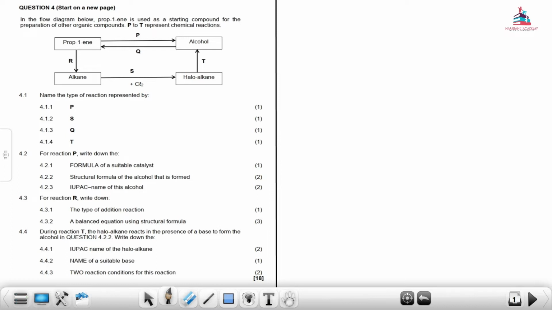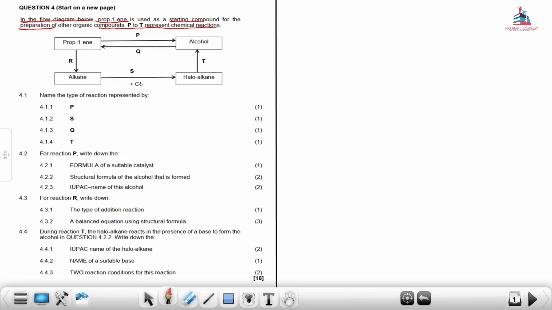So it says, in the flow diagram below, propene is used as a starting compound for the preparation of organic compounds P and T, to represent now the chemical reactions.